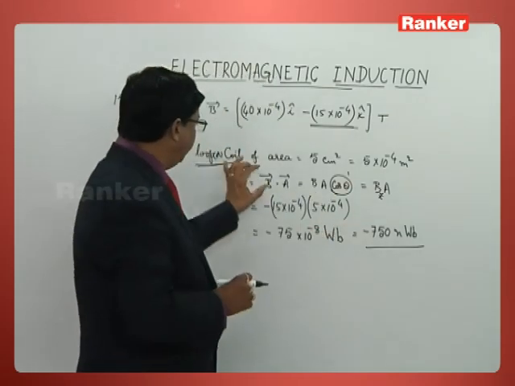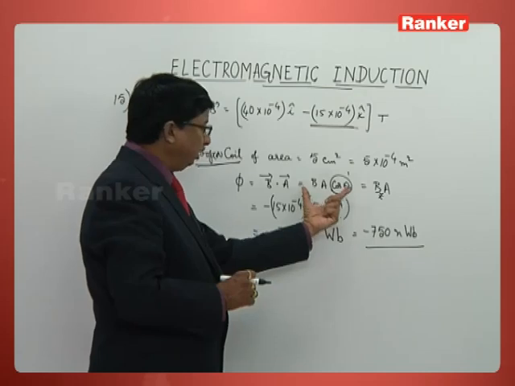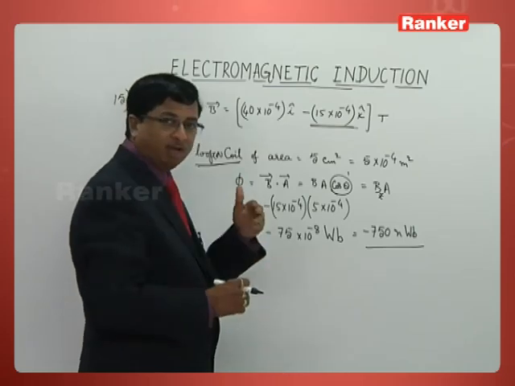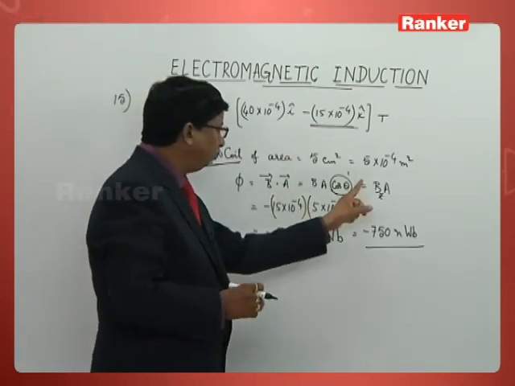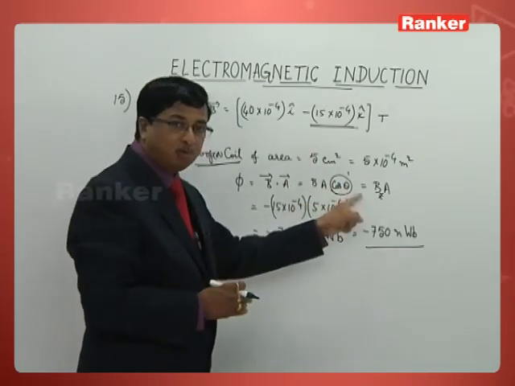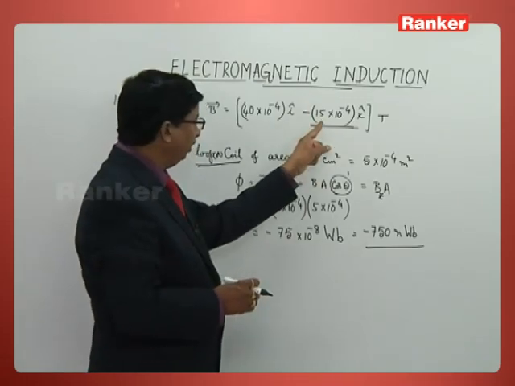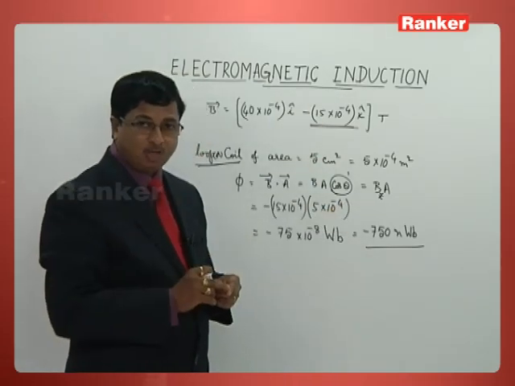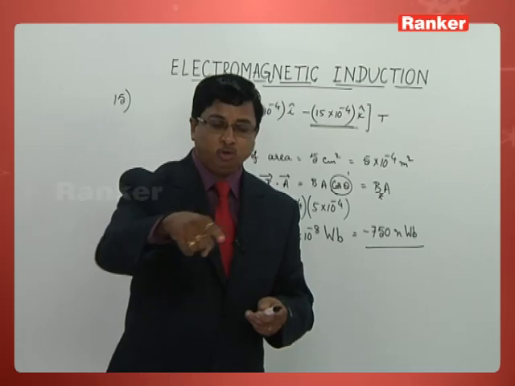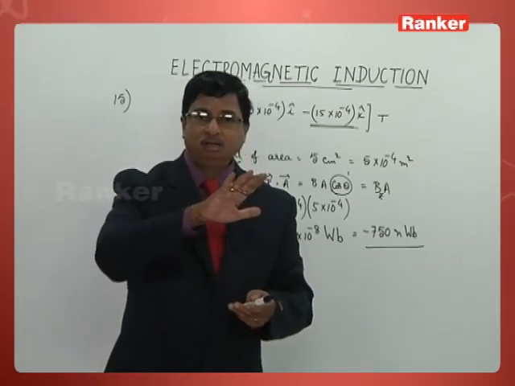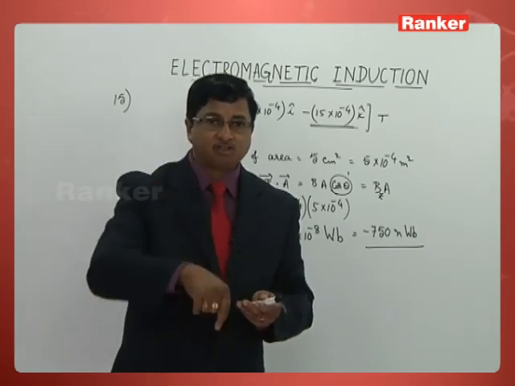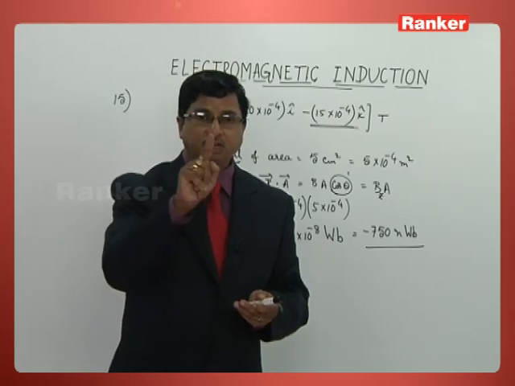If you look at B dot A, which of course is BA cos theta, when cos theta is 1, you will be getting phi as the maximum value, B into A. Which coordinate of B to be taken is important here. The coordinate of B along the axis perpendicular to the plane of the loop we have to consider. Since the loop is placed on the xy plane, the perpendicular direction will automatically be along the z-axis.